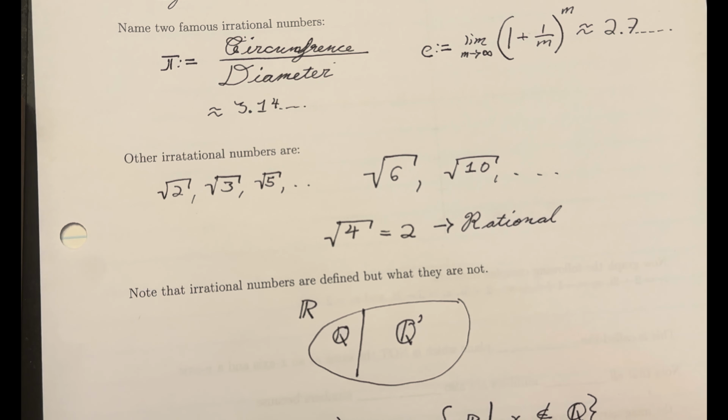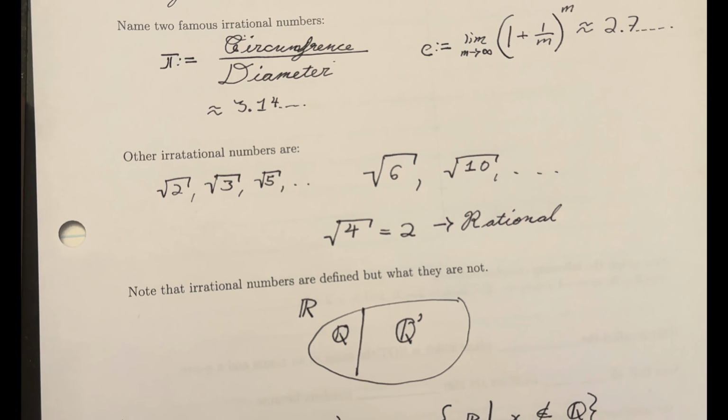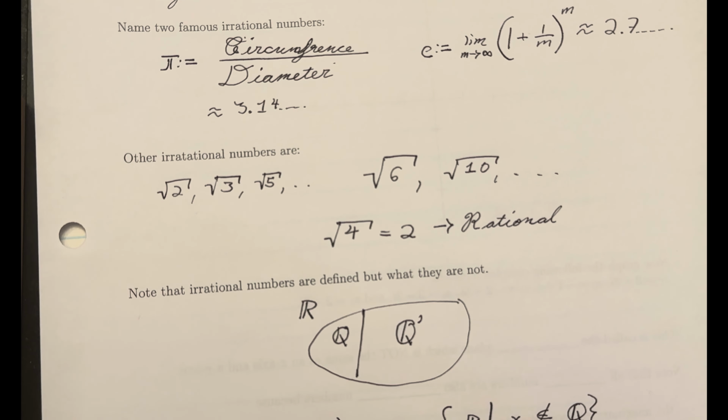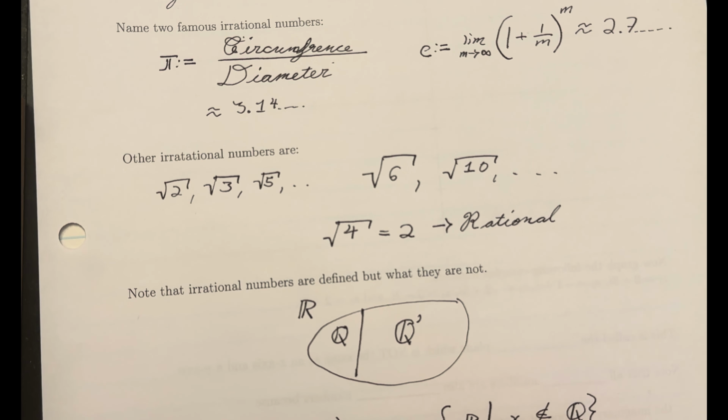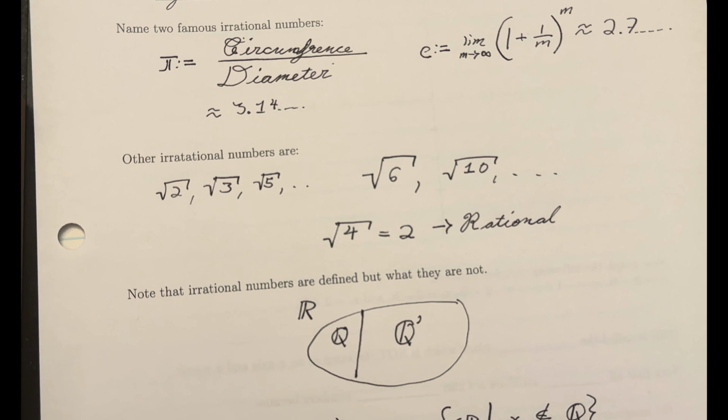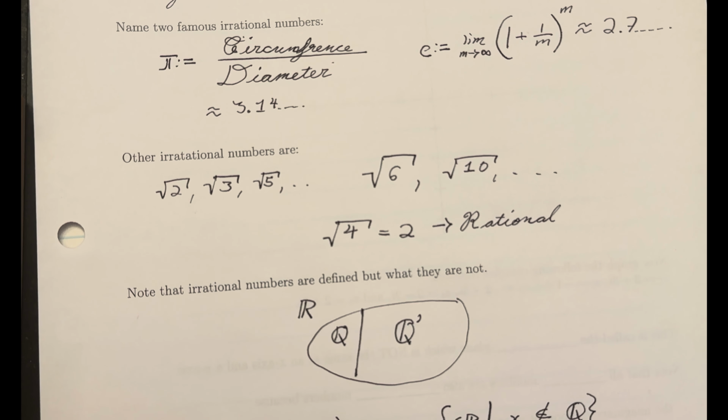This is our formal way of writing it out. And technically, I should define x right here. x belongs to the set of real numbers such that x is not a rational number. That's it. That's our definition.